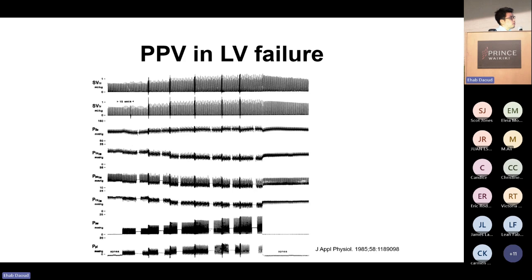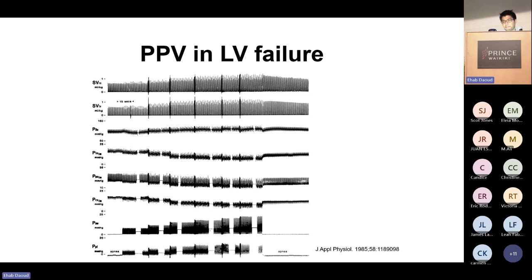As airway pressure increases, LV stroke volume actually goes up. And you wonder why, because stroke volume is supposed to decrease when you apply positive pressure ventilation by shifting the cardiac output curve to the right.